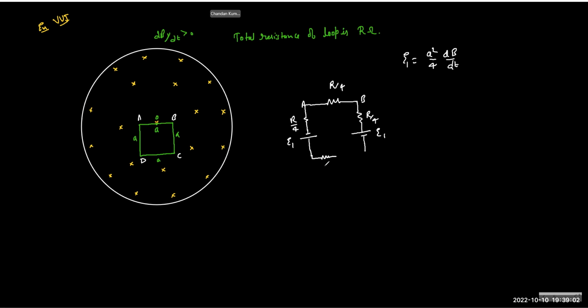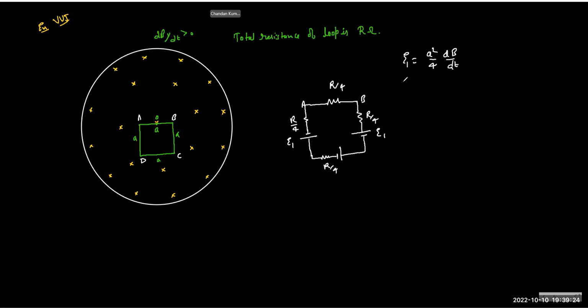DC will have R by 4, but it will also have the EMF induced. And the distance of DC from the center is A only, right? So the answer is A square by 2, right? Yes. And which one is at high potential? C. Yes.